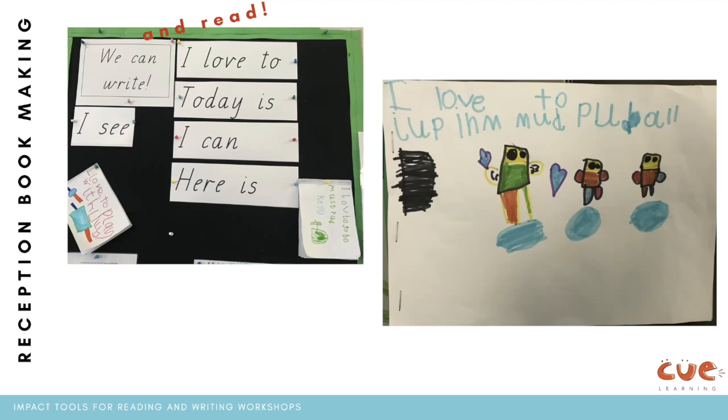So this is now a child creating a book of their own using those high frequency words that they are learning. And I really want to point out here how they're using the high frequency words correctly. And we're absolutely opening the doors for them for the rest of that writing to be, I write as best I can, I give it a go.